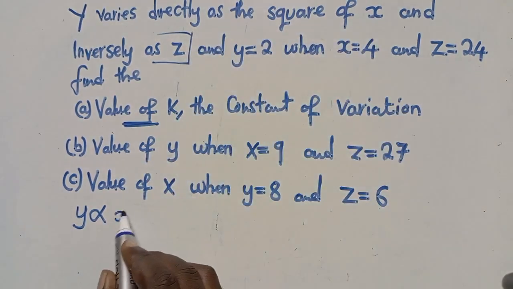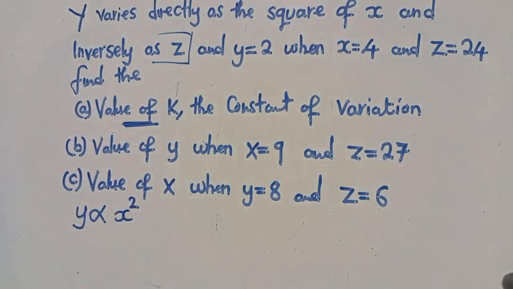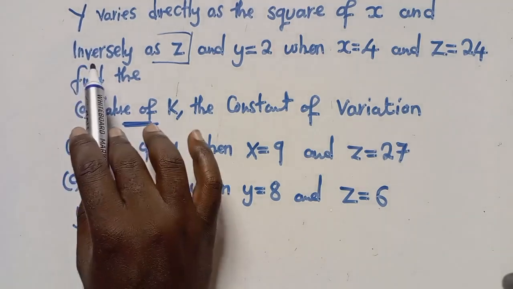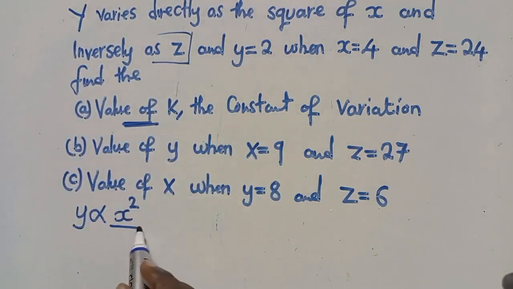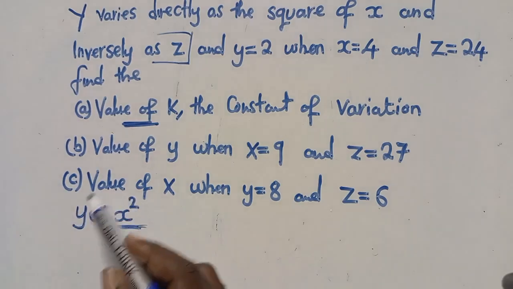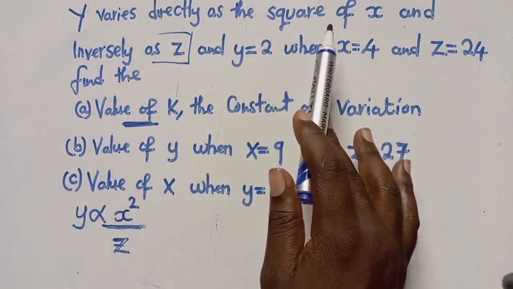Square of x meaning x squared. And inversely as z, meaning over z. So this is what they are talking about.